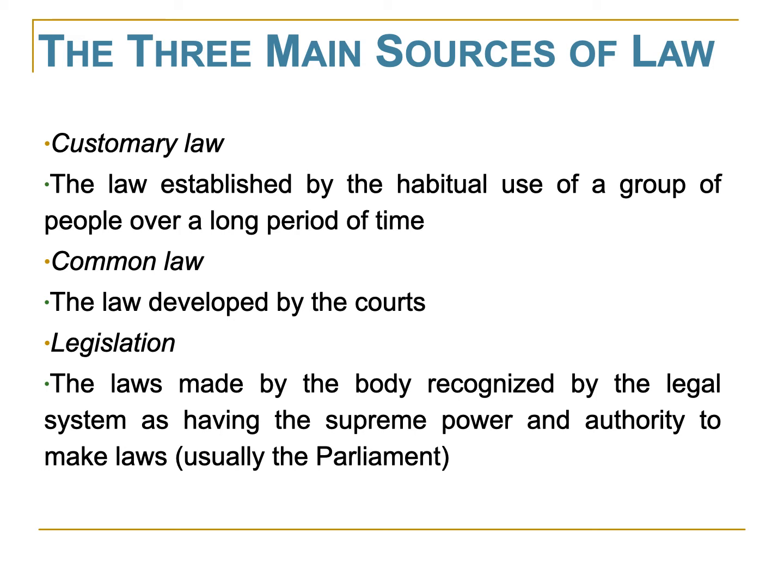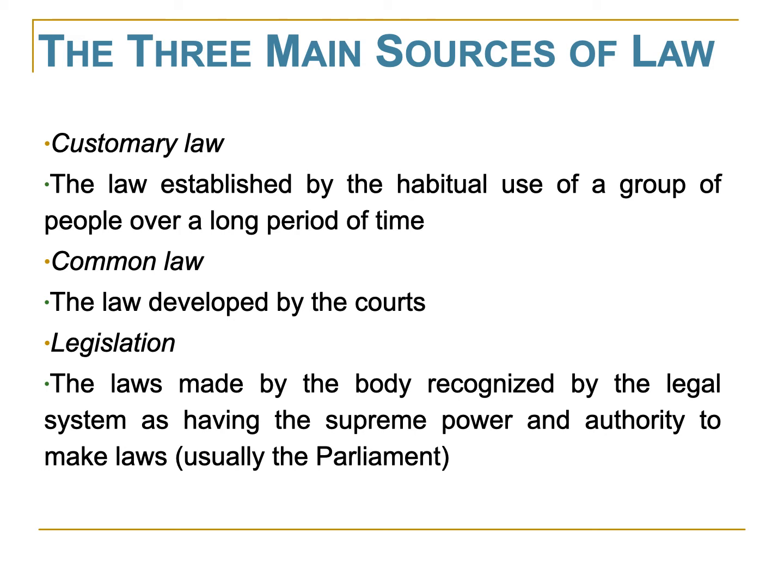And then the third source of law is legislation. And legislation are the laws made by the body that is recognized by the legal system as having supreme power and authority to make the laws. Usually that is Parliament, or the legislatures, which are the provincial governments, the 10 provinces, for the legislation.